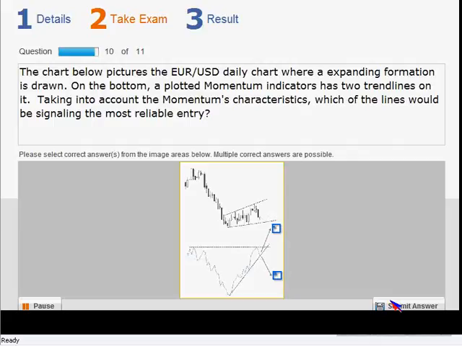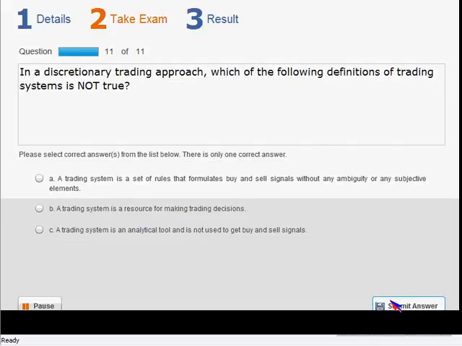Let's see. Number 11. Last question. In a discretionary trading approach, which of the following definitions of trading systems is not true? A, a trading system is a set of rules that formulates buy and sell signals without any ambiguity or any subjective element. B, a trading system is a resource for making trading decisions.